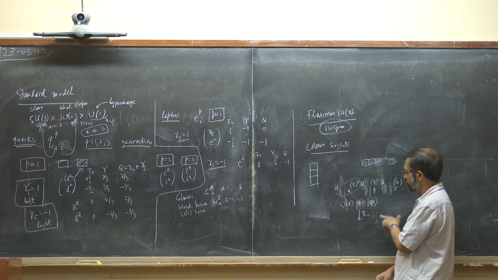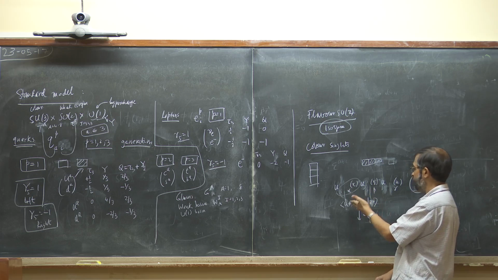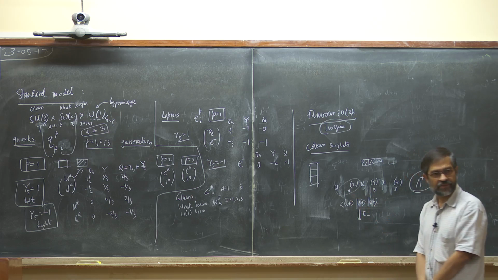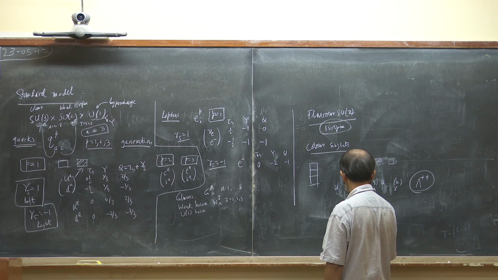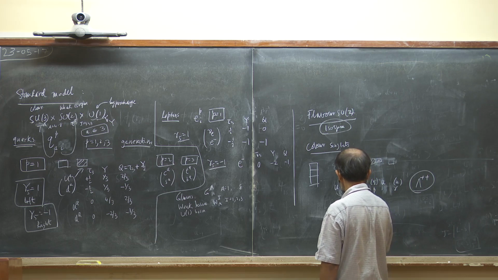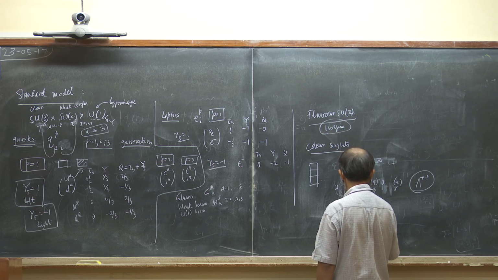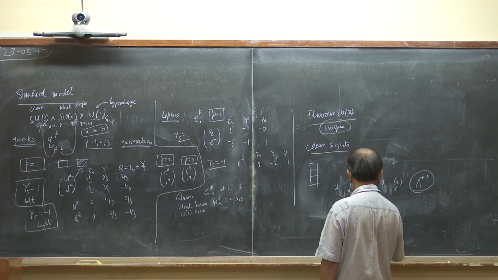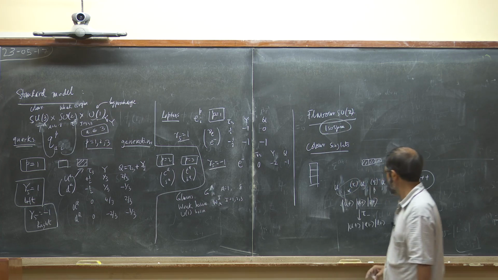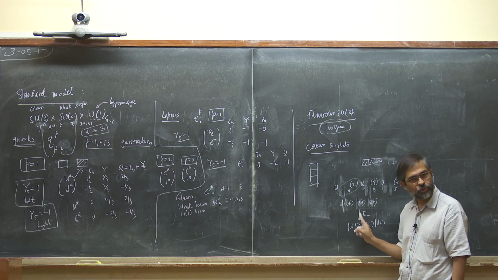And now I can apply this tau minus operator to see what I get. So I will get some U plus, U plus, U plus, D plus. What does tau minus do to U?